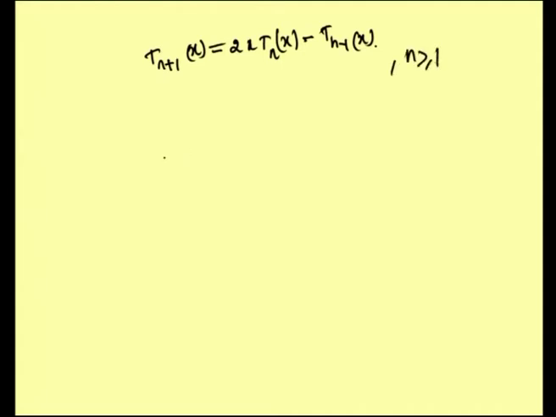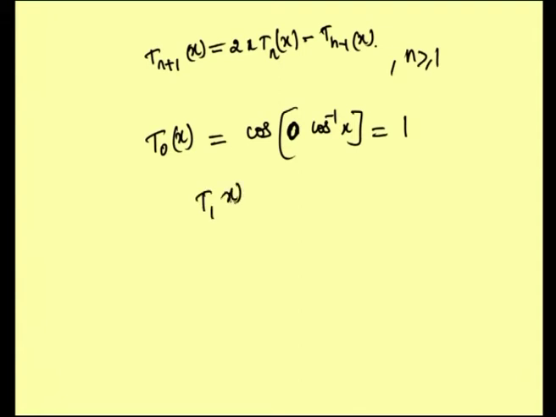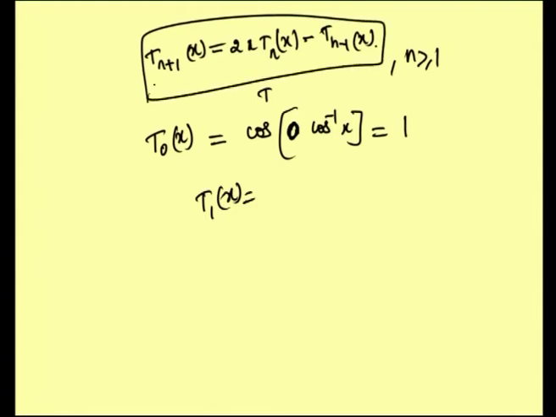And by direct application, first we will find T naught of x. T naught of x is cos of n cos inverse of x with n equal to 0, which is equal to 1. And T1 of x is cos of cos inverse of x, which is just equal to x.